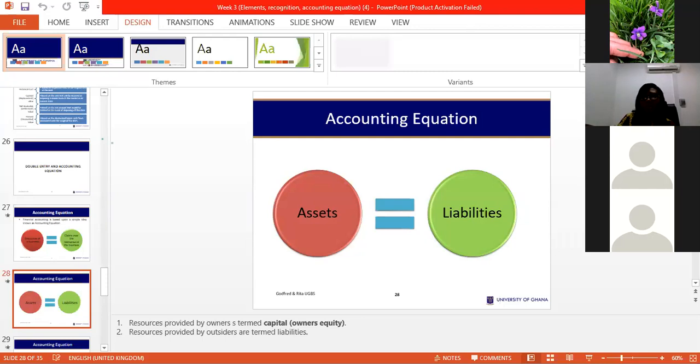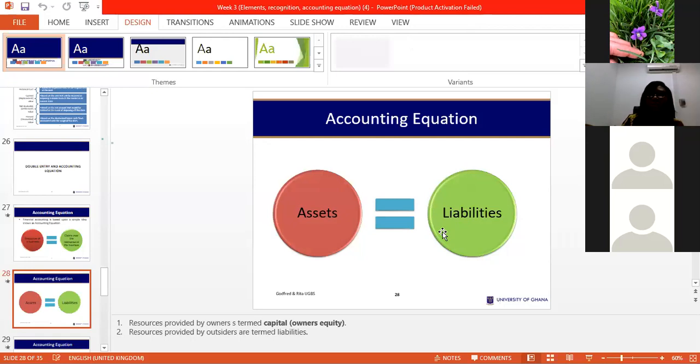And so definitely, some people may have to provide those resources for the business to call its own. Okay. And so liabilities could also be referred to as resources provided by outside parties or outsiders who are not part of the business, who are not the business.